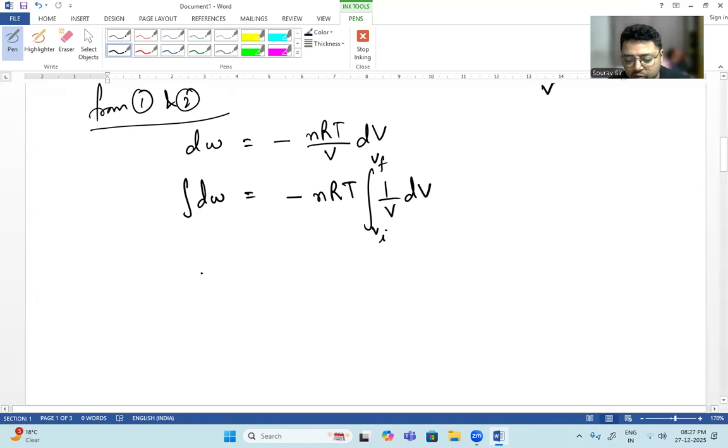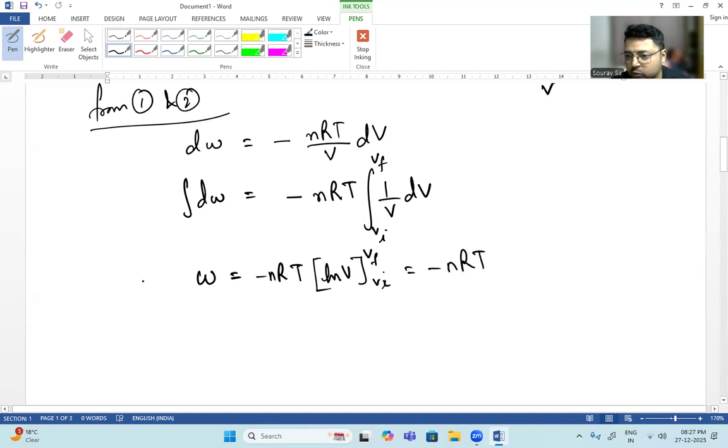So dW will become W, and negative nRT times the integral of 1 by V dV, which is ln V, with Vi as the lower limit and Vf as the upper limit.